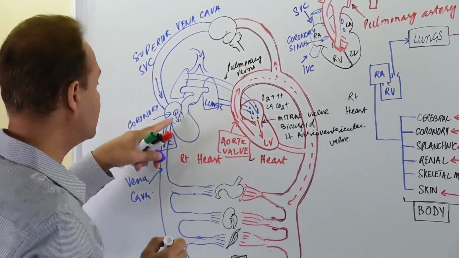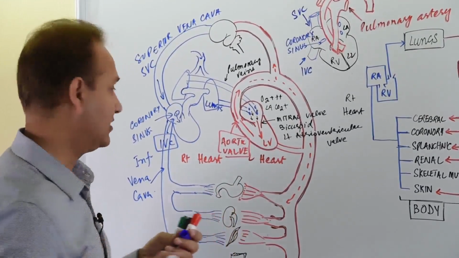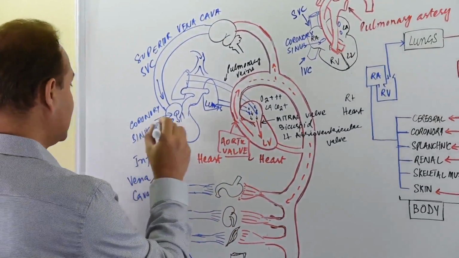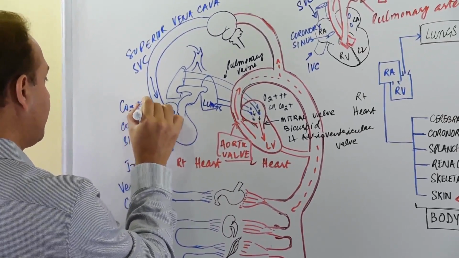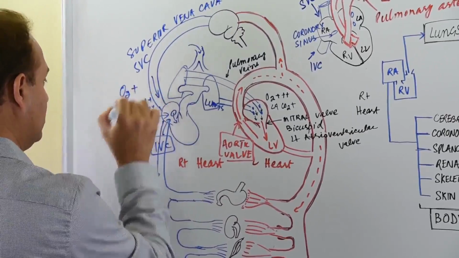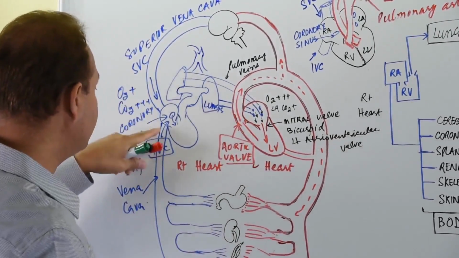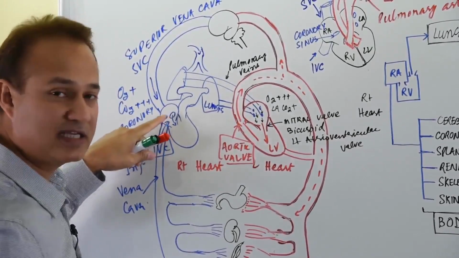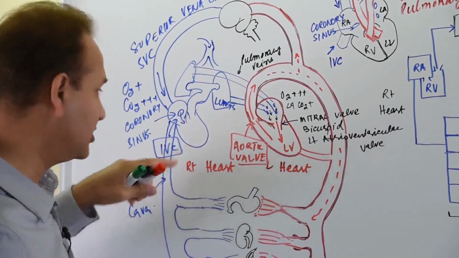Now this blood that reaches the right atrium is very deoxygenated. So the carbon dioxide levels are really high, oxygen levels are low. The blood that comes from the superior vena cava and inferior vena cava is then mixed with the blood coming back from the heart as well and becomes even more deoxygenated.